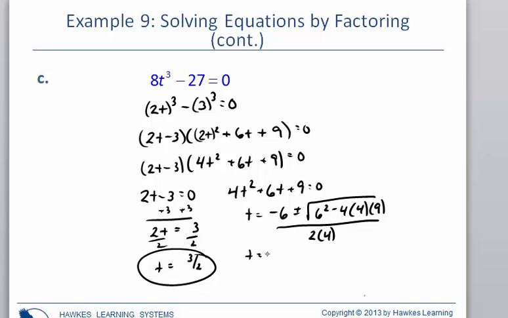So we are going to have negative 6 plus or minus 36 minus 144 over 8. Which is going to be negative 6 plus or minus the square root of negative 108 over 8. So 108 we could write as 36 times 3.